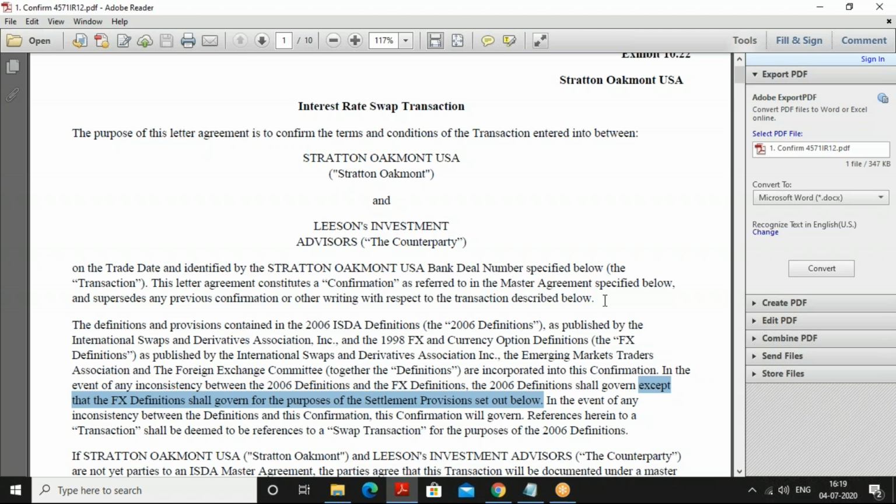Look at the last line. It says that in the event of any inconsistency between the definitions and this confirmation, this confirmation will govern. So at the end of it all, even if there's a discrepancy between the definitions, this confirmation will be the one that has the most value or will be referred to.